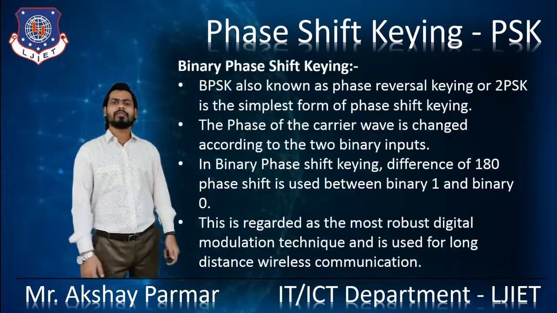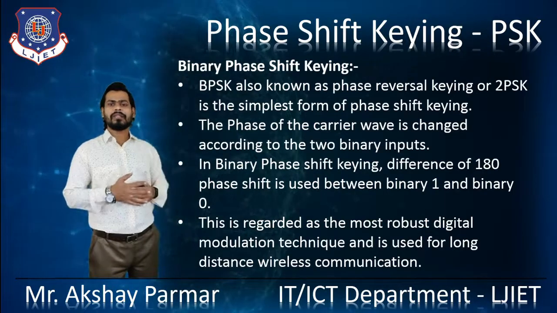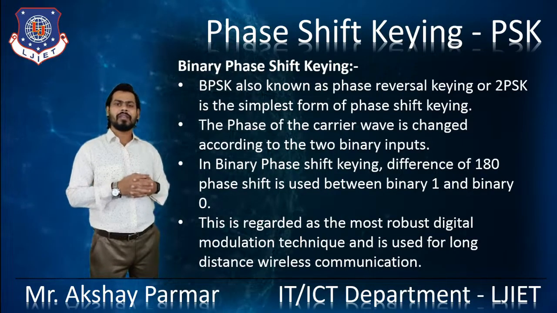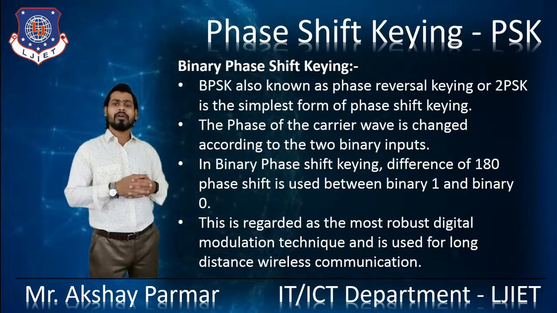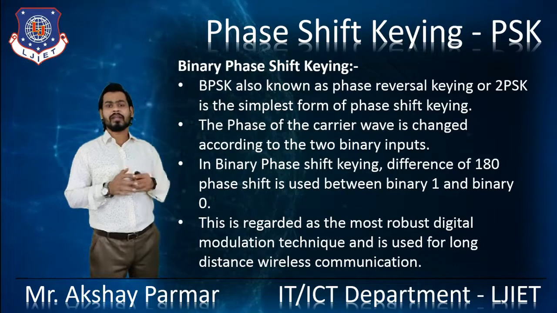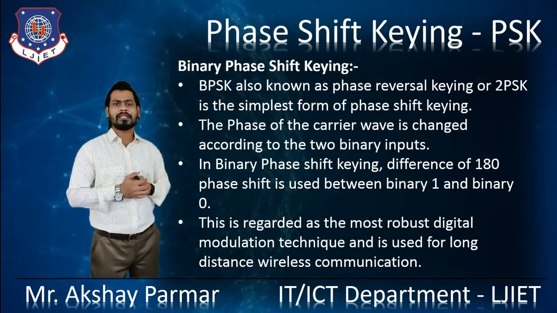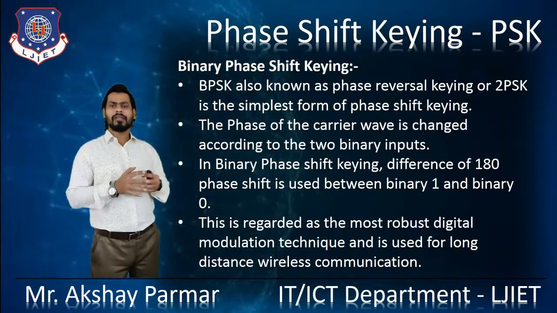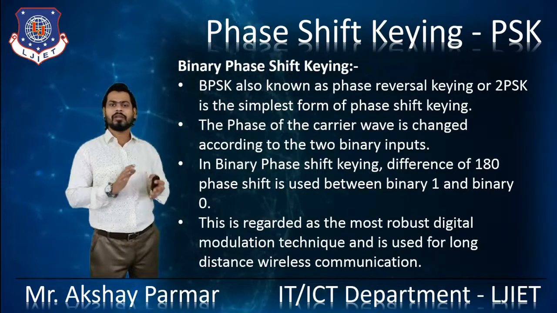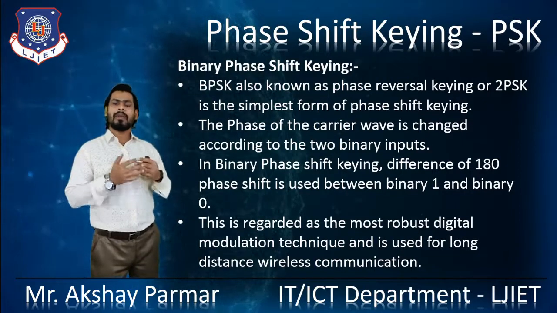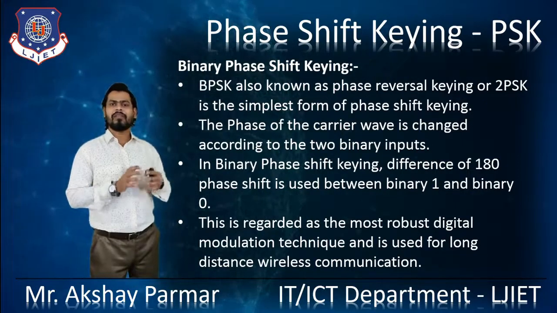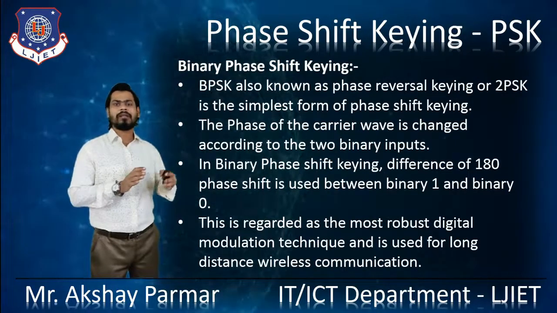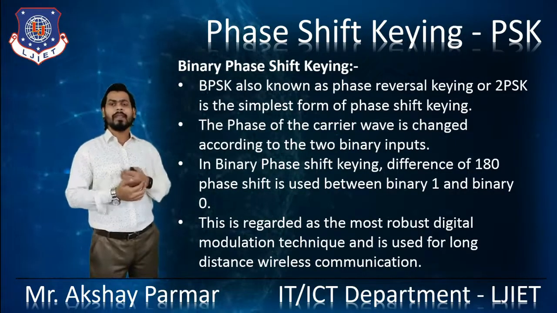After that, let's see its two subtypes: binary phase shift keying and quadrature phase shift keying. Binary phase shift keying, BPSK, is also known as phase reversal keying, or 2PSK, and is the simplest form of phase shift keying, right? The phase of the carrier wave is changed according to the two binary inputs. In binary phase shifting, a 180 degree phase shift is used between binary 1 and binary 0, as we have shown in our example, right?